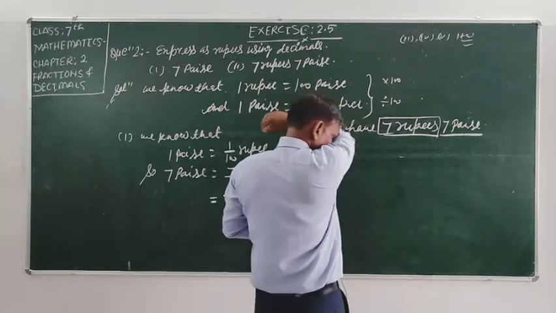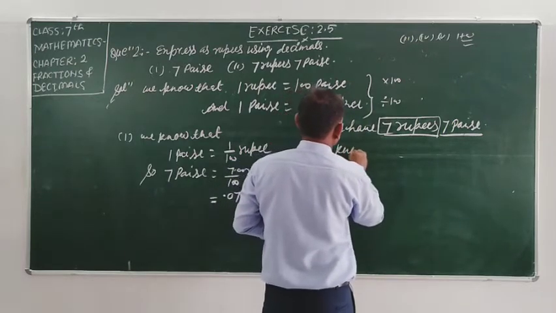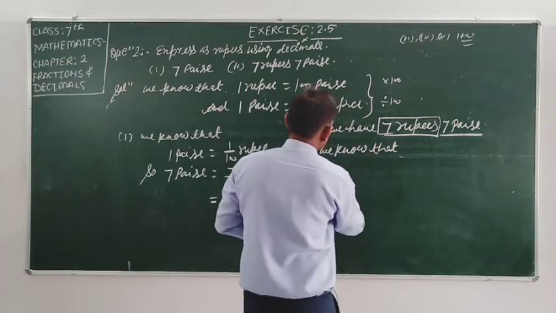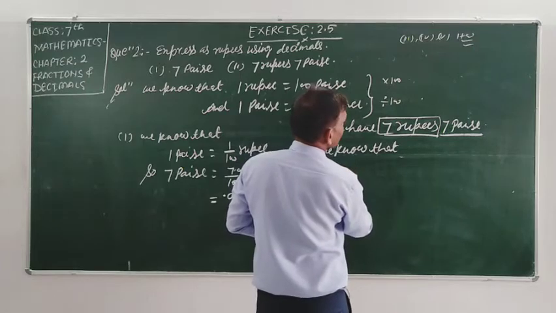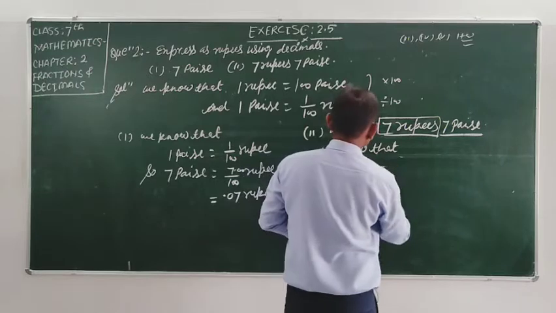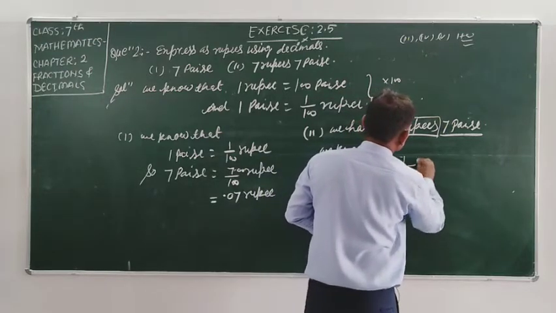So student, we know that 1 paisa is equal to 1 upon 100 rupee.